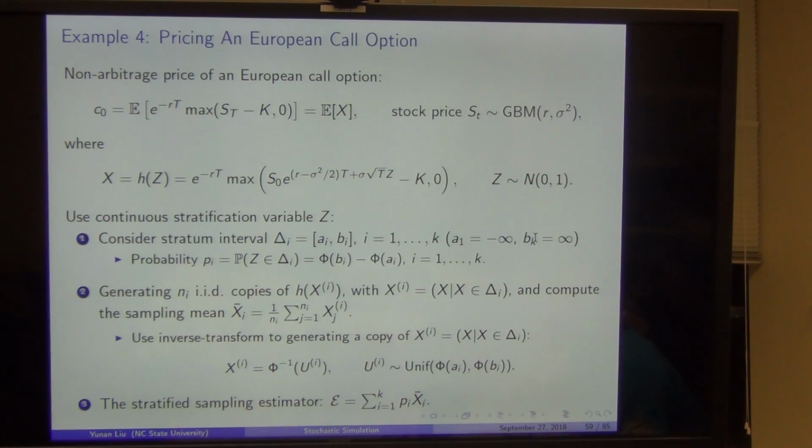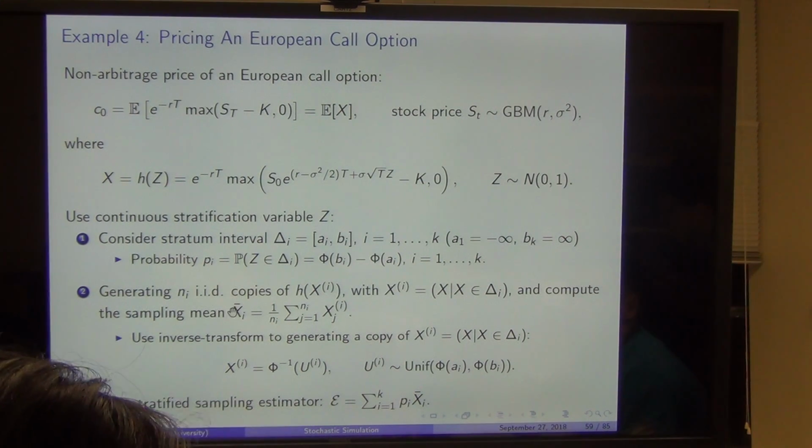So we partition the entire real line into k intervals. The probability that Z falls into the corresponding interval is equal to phi of b_i minus phi of a_i, so we know the p_i. All we need to do is generate n_i copies of h. You can allocate n_i according to proportional allocation, or you can do better by optimizing n_i star.